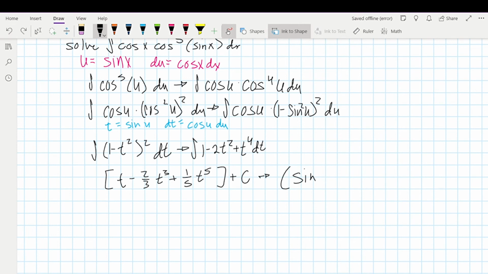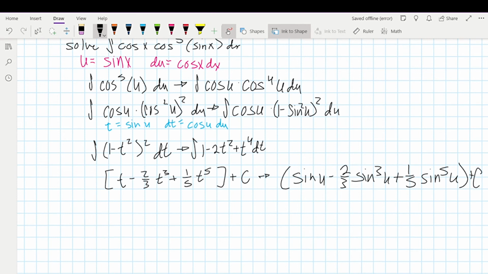Sine of u minus 2/3 sine cubed u plus 1/5 sine to the 5th u. And now, just to put that back in terms of x, so we have it fully simplified. Oh, don't forget plus c.